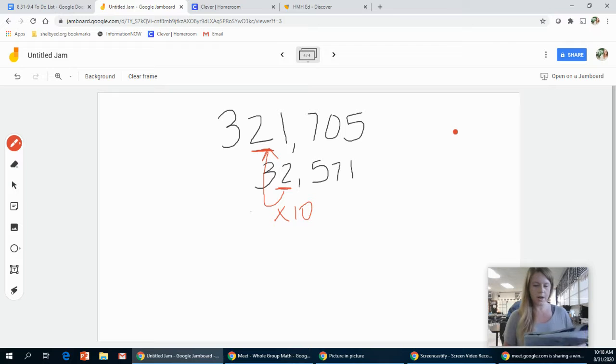All right, number 6. Oh, you can do this. I want you to write it. What is 200,000 plus 80,000 plus 500 plus 70 plus 1 written in standard form? Standard form means just the regular way. Write it in that blank.